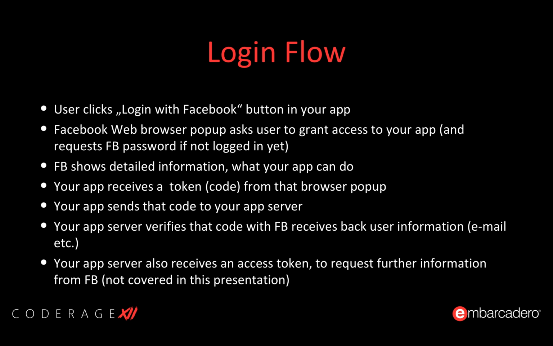So you could use that access token to ask Facebook for more details of the user. But that would only work if the user confirms that your application gets access to it. So it's not an access token that would open each and every piece of information of your users. That's not the way it works.